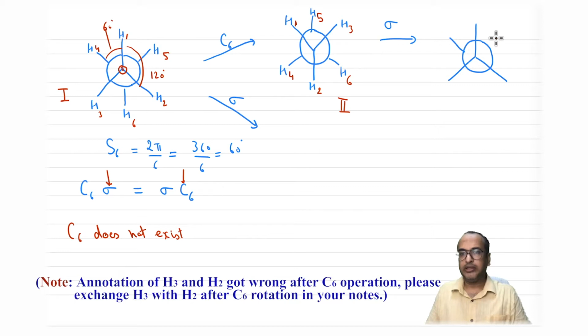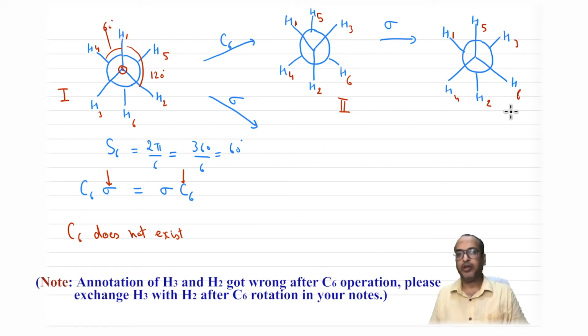Draw it like this. Let's write the hydrogens first and then we will write the numbers in red. So H1, 2, 3, and then this is 5, 4, 6, right?